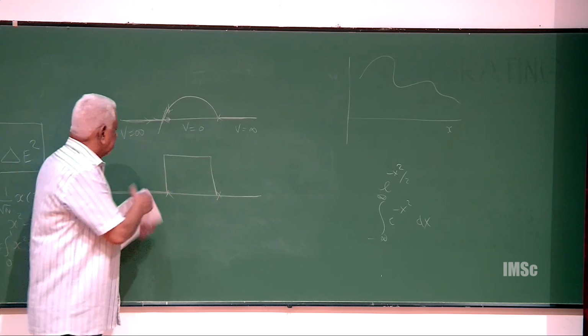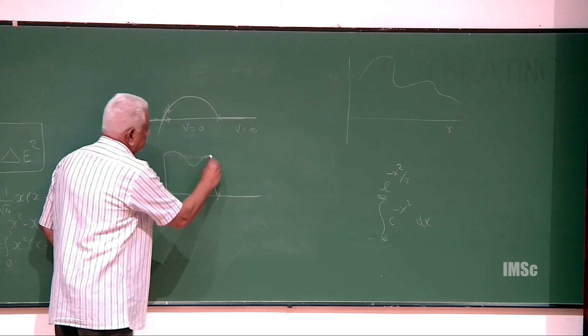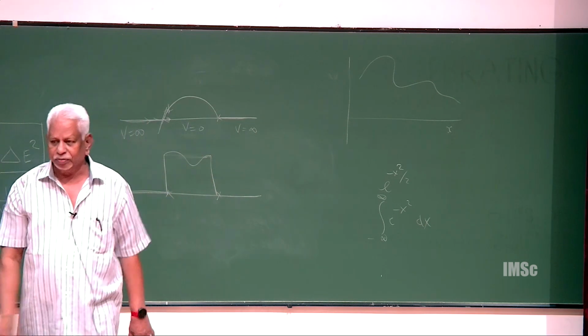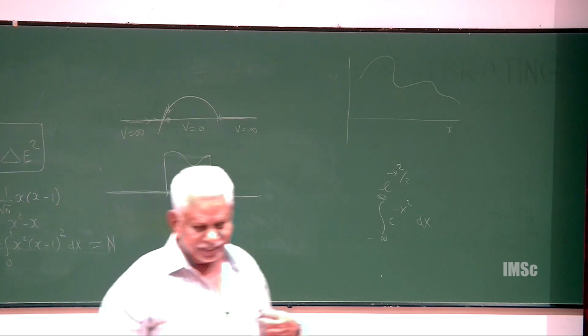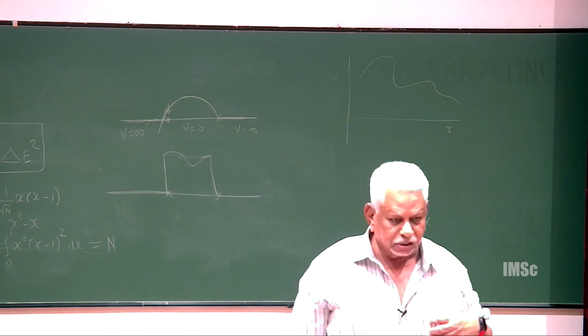And then maybe you can even put some wriggles here, right? That's a non-continuous function. One more minute, I'll finish. I am maintaining my time. So that's a non-continuous function. The one which is there is a continuous function. The derivative is discontinuous.